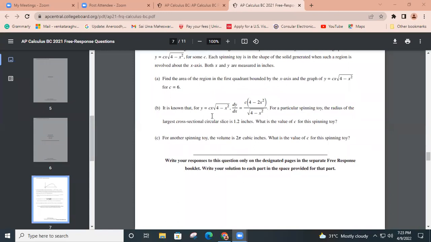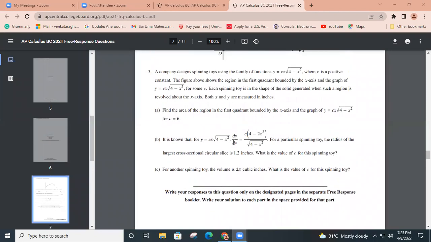And they gave the derivative of this function. They applied the UV rule and did the derivative. For a particular spinning toy, the radius of the largest cross-sectional circular slice is 1.2 inches. What is the value of c for the spinning toy?